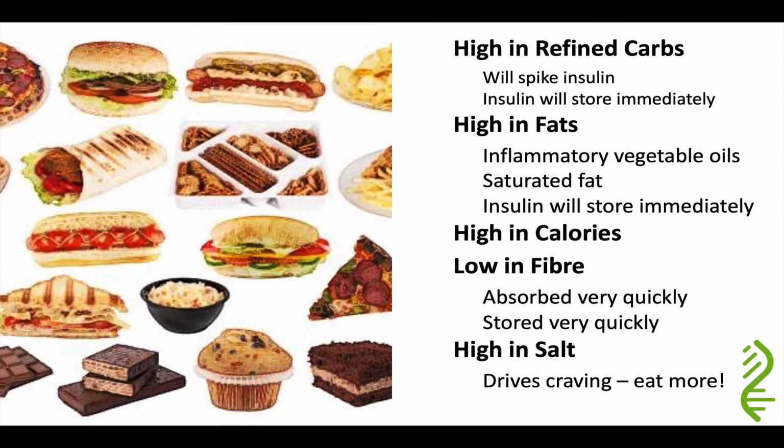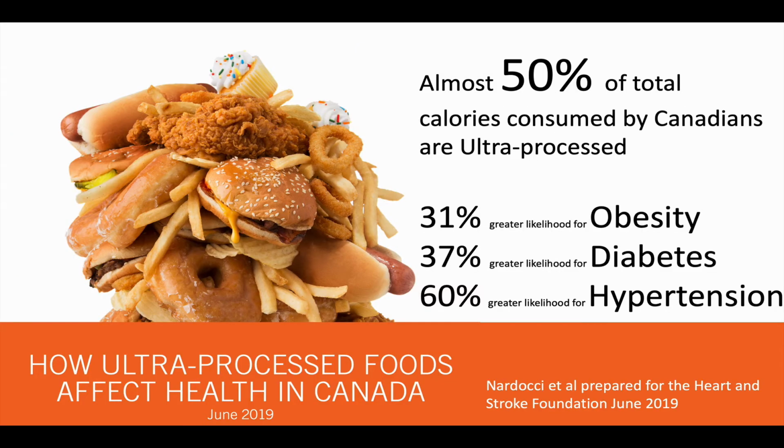If you were going to design a food to lead to energy overload, it would look a lot like our ultra-processed food. If you were going to design a food that leads to insulin resistance, it looks like ultra-processed food, or fast food, junk food, right? And this is the really sad state of affairs. Almost 50% of the total calories consumed by Canadians are ultra-processed.